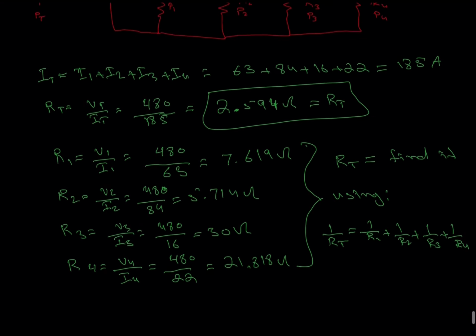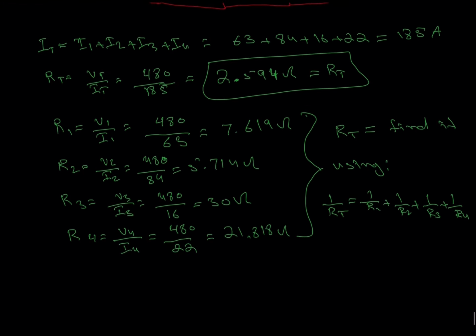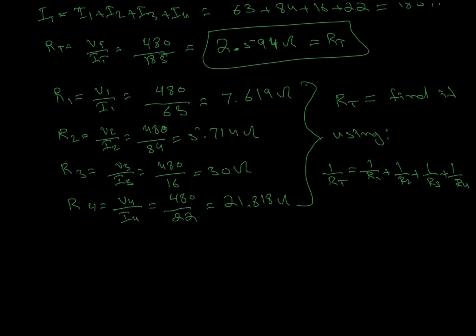And then compare that with my RT, which I found 2.594 ohm, if that's actually close enough to what you guys find. Moving on, we will find the P1. Post your answer in the comment, please. What do you find for RT for this example?